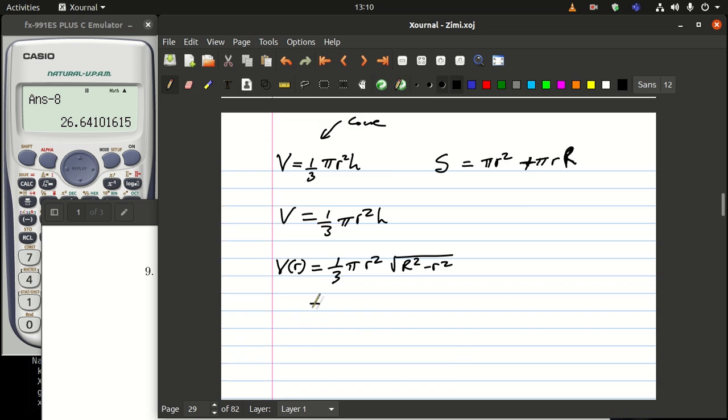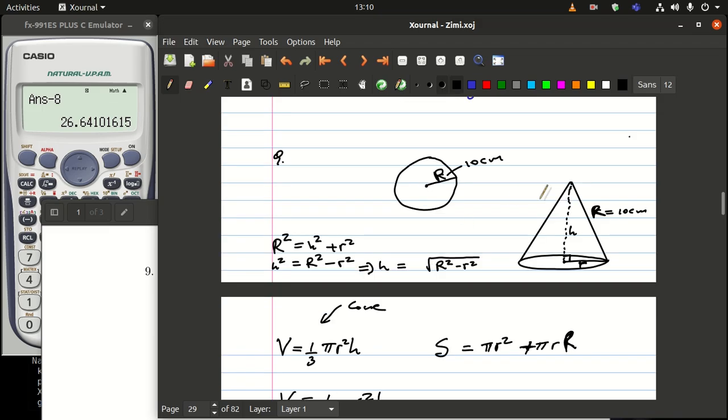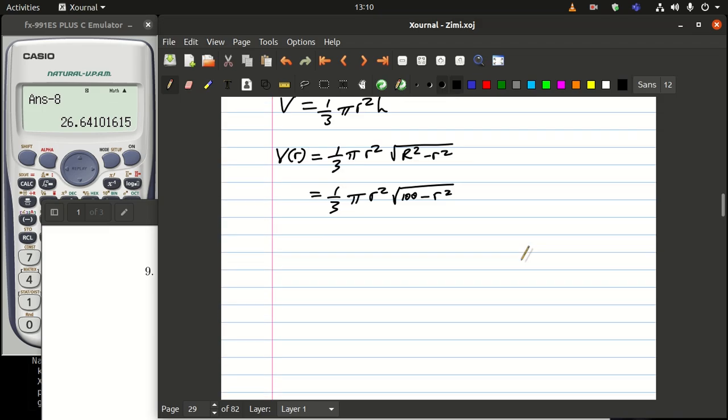And of course, this is 1 over 3 pi r squared, and then inside here I'm having the square root of 10 squared minus r squared. That is what is important here, but we have a square there, so 10 squared is just 100. So that's how you end up solving this problem here.